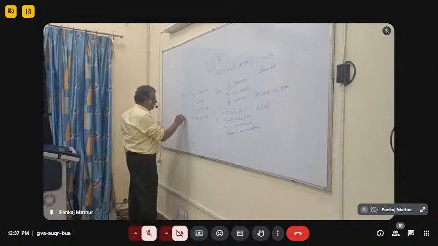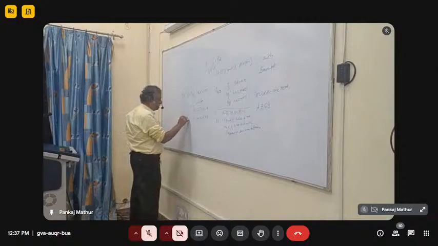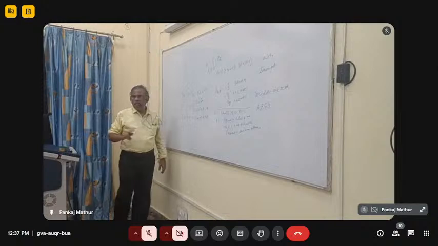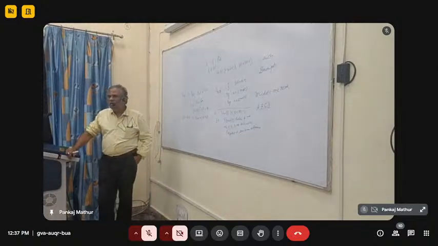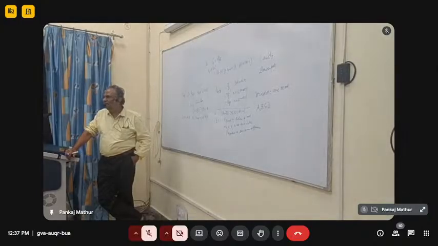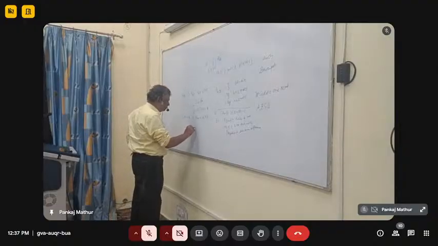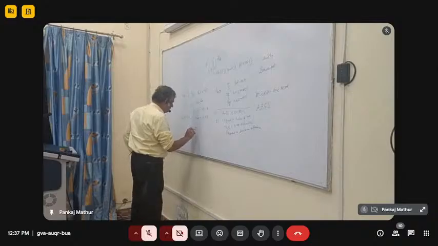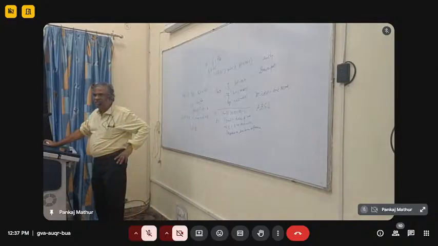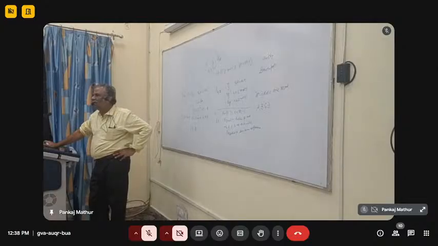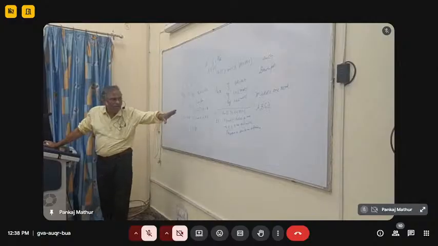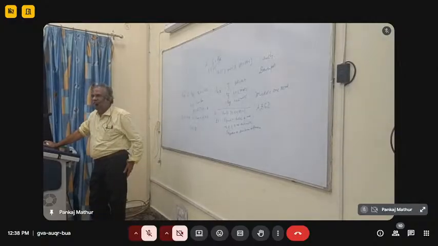Therefore, 2|A| minus 1 plus |A| is less than or equal to P, which means 3|A| is less than or equal to P plus 1. Therefore, |A| is less than or equal to (P plus 1) over 3. Therefore, any Humphrey set can have cardinality at most (P plus 1) over 3 and not more than that. And we have already produced examples whose cardinality is around (P plus 1) over 3.